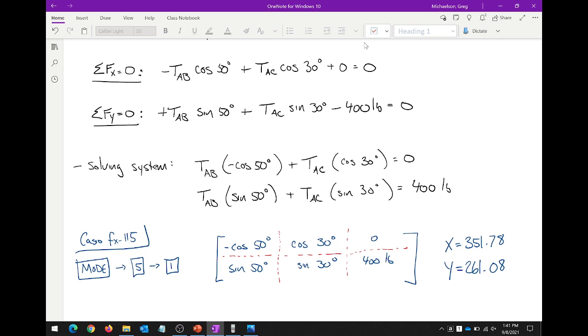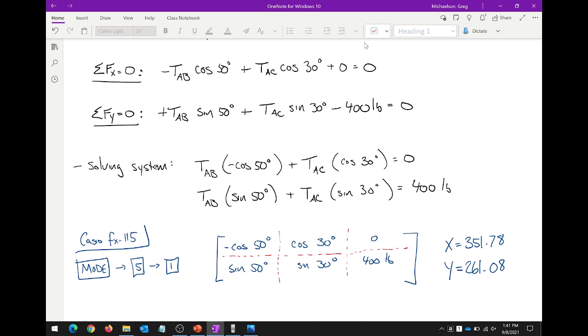If we got a negative answer, what the physics would mean is that the force that we assumed was in tension was incorrect. It's actually in compression. But that doesn't make sense from the original point of the problem. We have a weight being supported by 2 cables. I don't know if it makes much sense to have a cable in compression. You know what I mean? It's got to be in tension, so the answer's got to be positive.